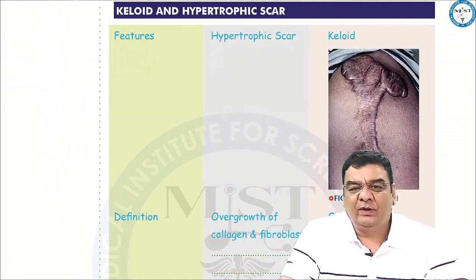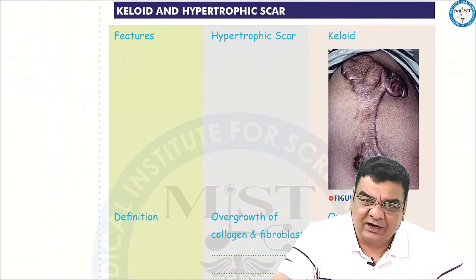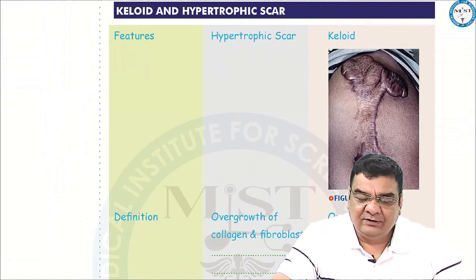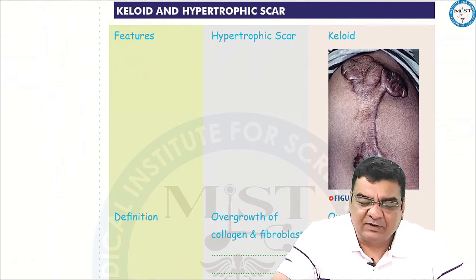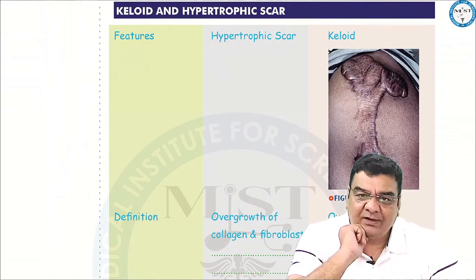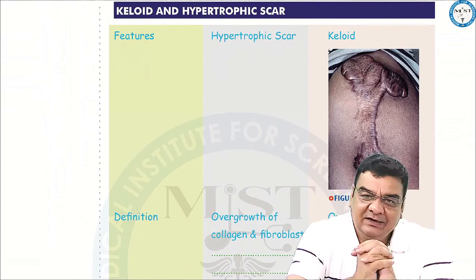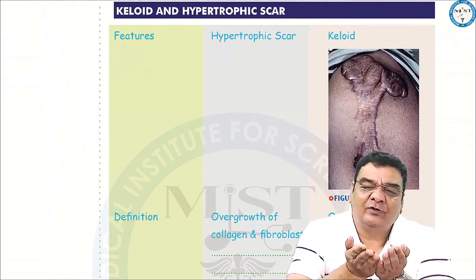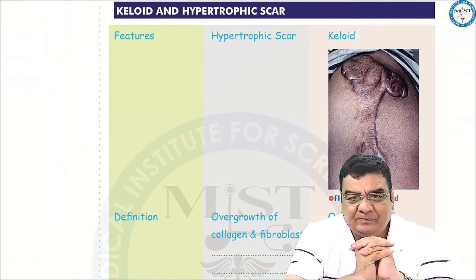Whenever we are doing any operation, the healing takes place by the formation of a scar. This scar can be a good scar, it can be a bad scar. Sometimes when healing is taking place in the skin, there may be overgrowth of collagen and fibroblast. And this overgrowth of collagen and fibroblast may give an ugly scar.